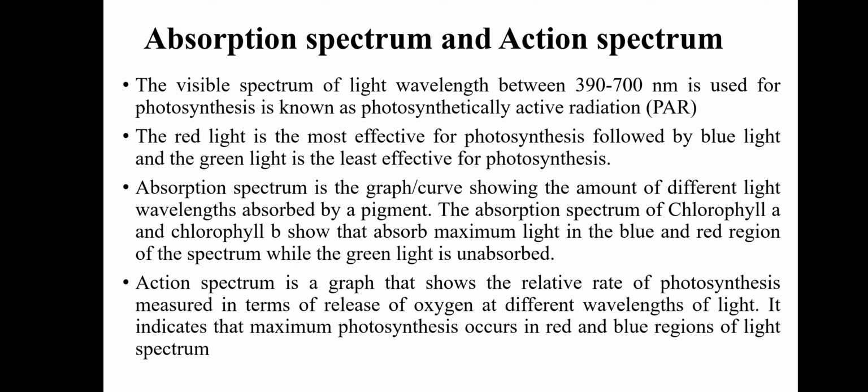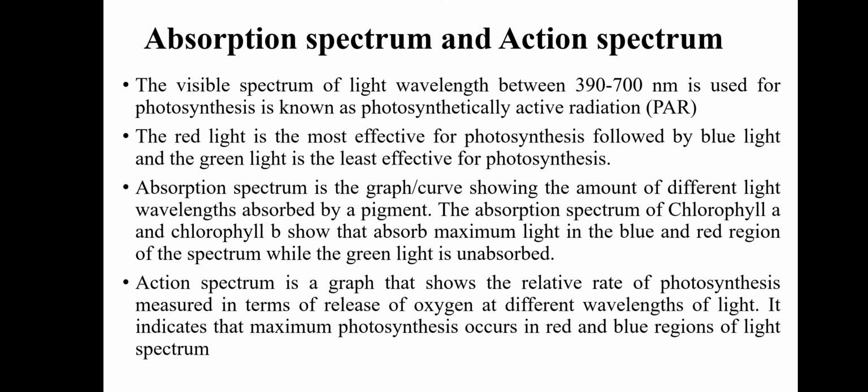Red light is most effective for photosynthesis. In red light the photosynthesis rate is maximum, followed by blue light and green light, where the least photosynthesis occurs. Absorption spectrum is a graph showing the amount of different light wavelengths absorbed by a pigment. And action spectrum is a graph that shows the relative rate of photosynthesis, in terms of oxygen release, at different wavelengths of light.